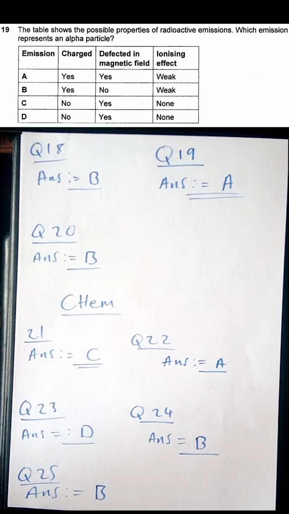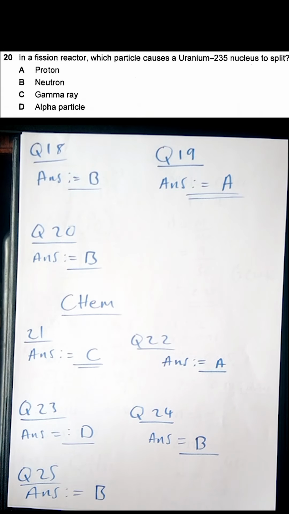Question number 20, the last question for the physics part. In a fission reactor, which particle causes uranium-235 nuclei to split? For you to have a fission, you have to combine the sample given with a neutron.